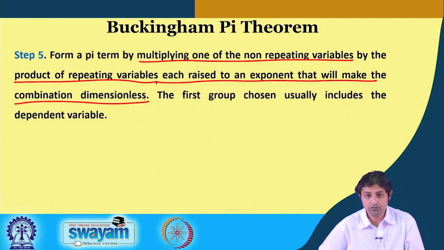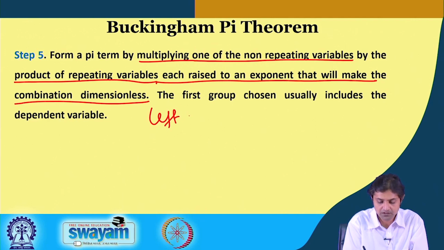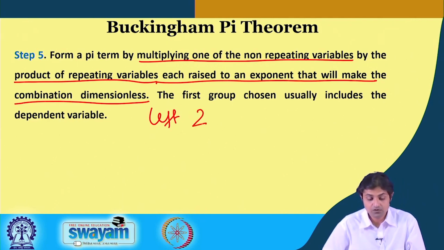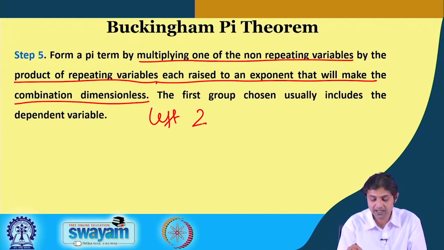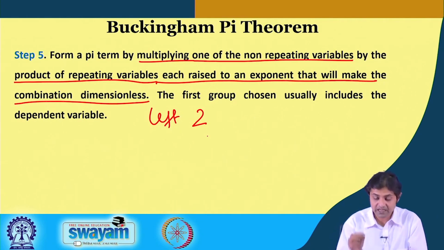In our particular case we had 5 variables: pressure drop per unit length, mu, d, rho and v. We chose 3 as repeating variables, which means we were left with 2, correct. So the first pi term will be formed by multiplying one of these. Out of the 2 left we will multiply 1. We have d, v and rho, and we have delta PL left.